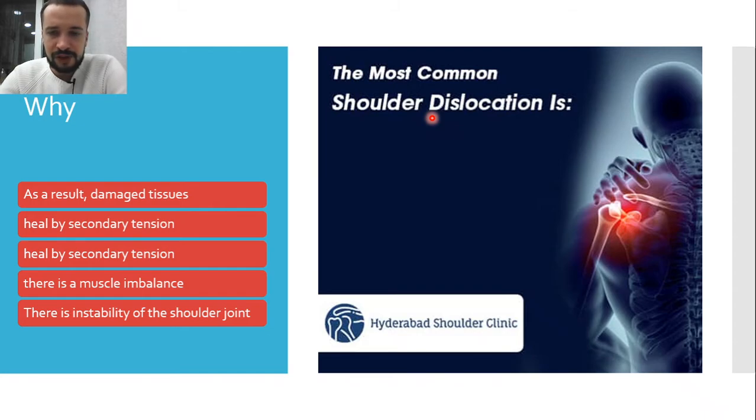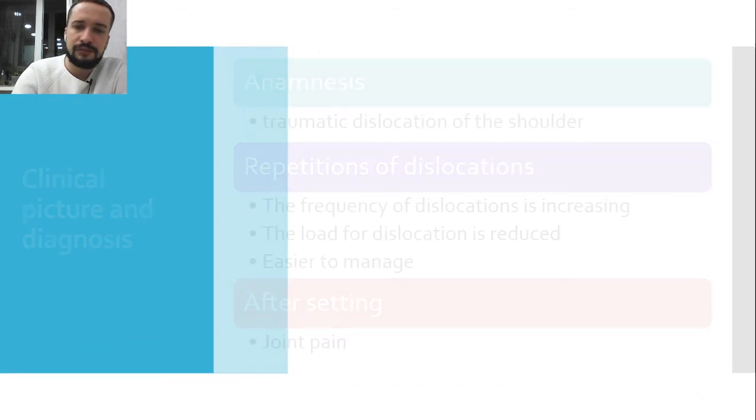As a result, the damaged tissue, capsule, ligament, and muscles surrounding the joint heal by secondary tension with the formation of persistent scars. Muscle imbalance appears. There is instability of the shoulder joint with the outcome in the usual dislocations.